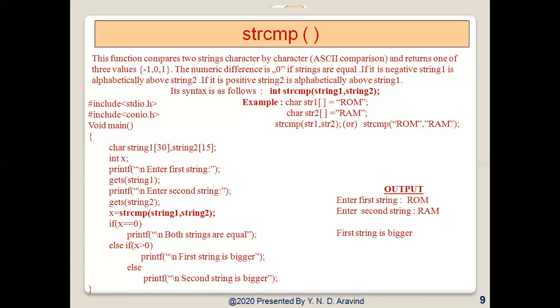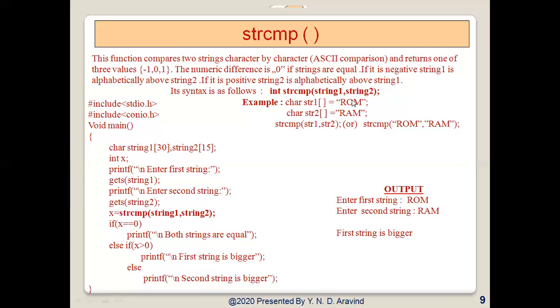Next it will compare the second letter of string 1 with the second letter of string 2. Here it is O and here it is A. The ASCII value of capital O is greater than the ASCII value of A. So the O value will be greater, and it will return one value.